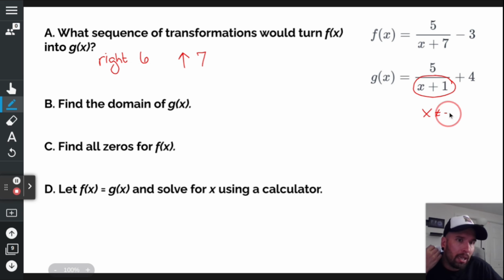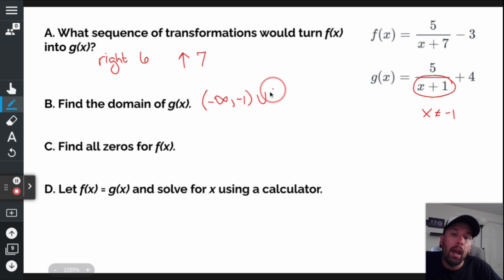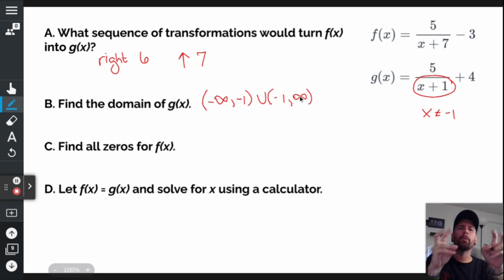So x cannot be -1. I'll write that out as everything from -infinity to -1 union from -1 to positive infinity. Or you can write it out as all real numbers except x equals -1, or x cannot equal -1, or whatever.